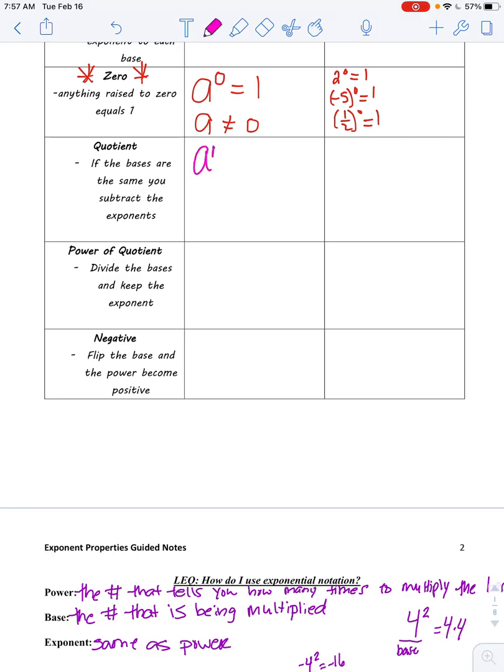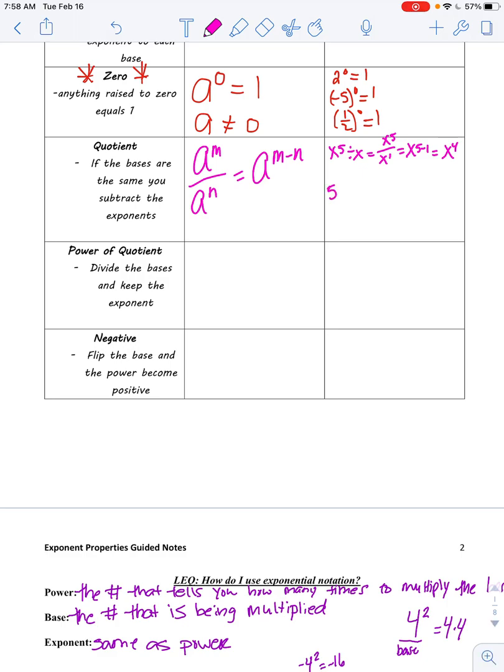So we have a to the m over a to the n, which equals a to the m minus n. Okay, and some examples. How about x to the 5th divided by x? So we know that's x to the 5th over x to the 1st. And then we could subtract. 5 minus 1 is 4.